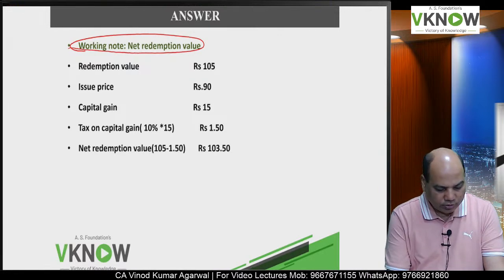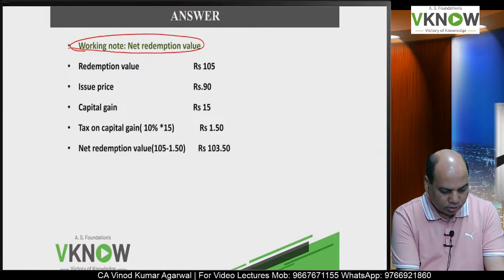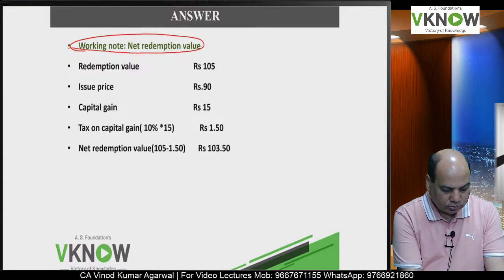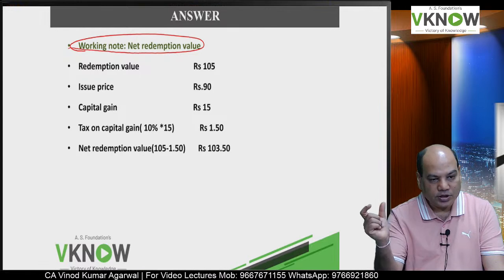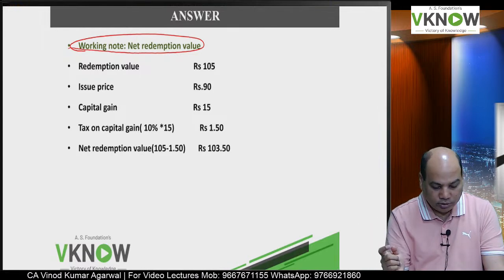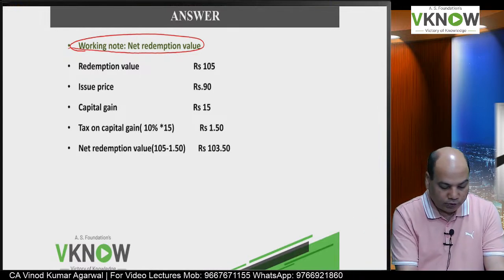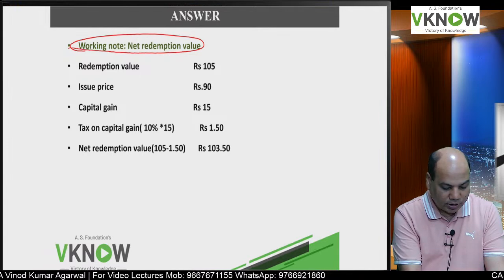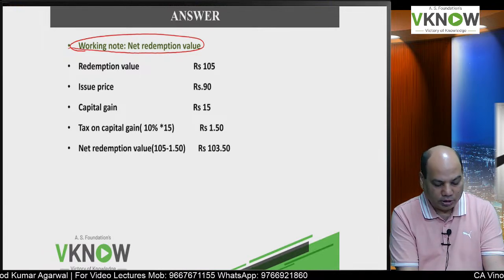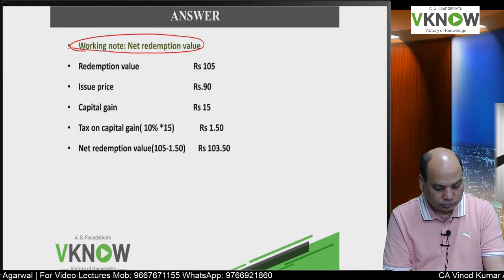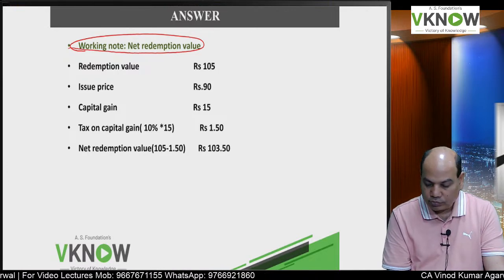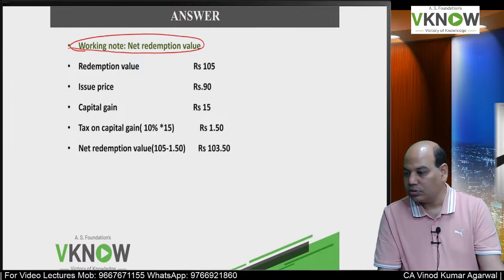So the net redemption value will be 105 received from the company minus 1.50 tax paid. So therefore the net redemption value is 103.50.